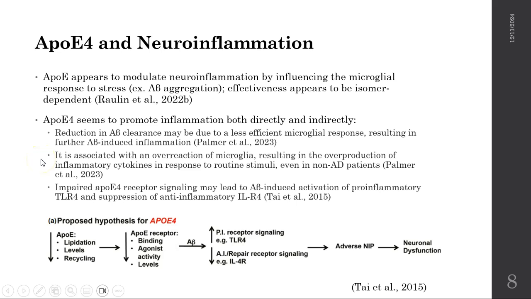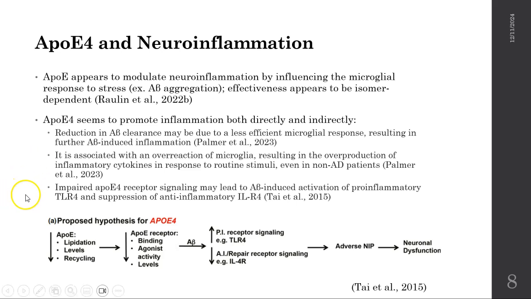APOE4 is also associated with overreactive microglia, which overproduce inflammatory cytokines in response to routine stimuli, and this is an effect observed even in patients who do not have Alzheimer's disease. So this does raise questions about APOE4 and its cognitive risks independent of Alzheimer's disease, which will be explored later in this presentation.